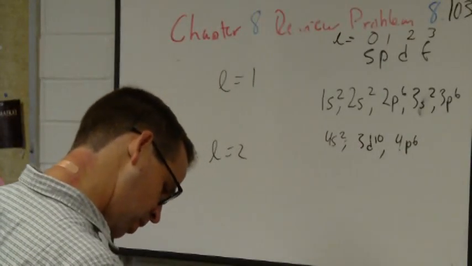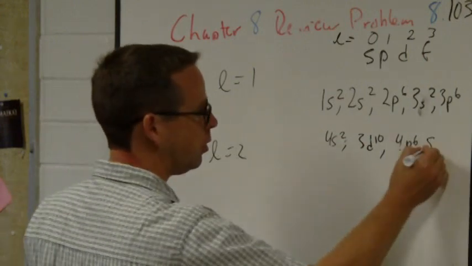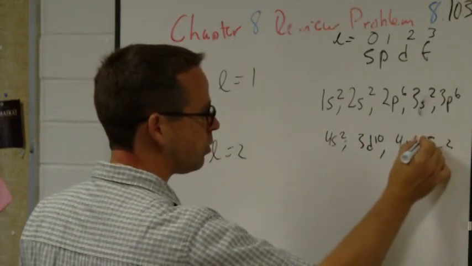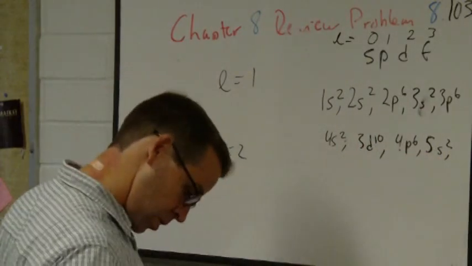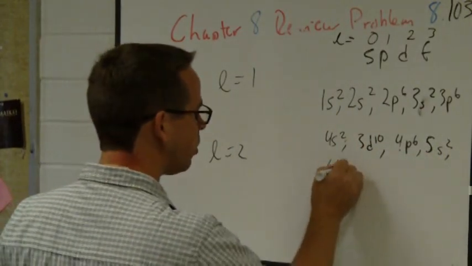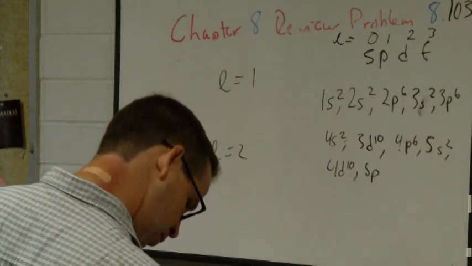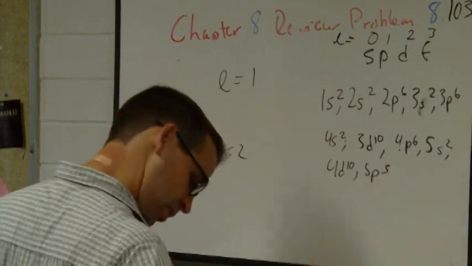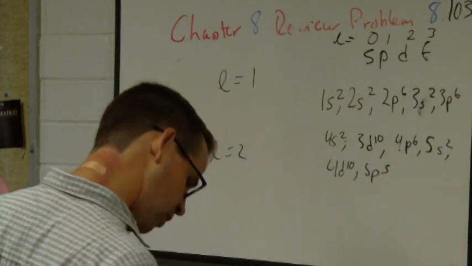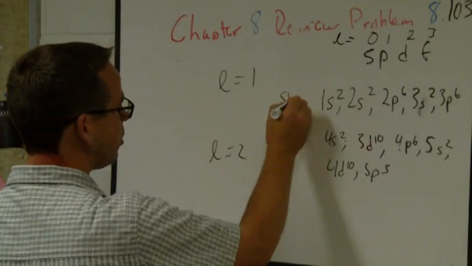Then we have 5s2, and then 4d10, and 5p3. So this is the electron configuration for antimony.